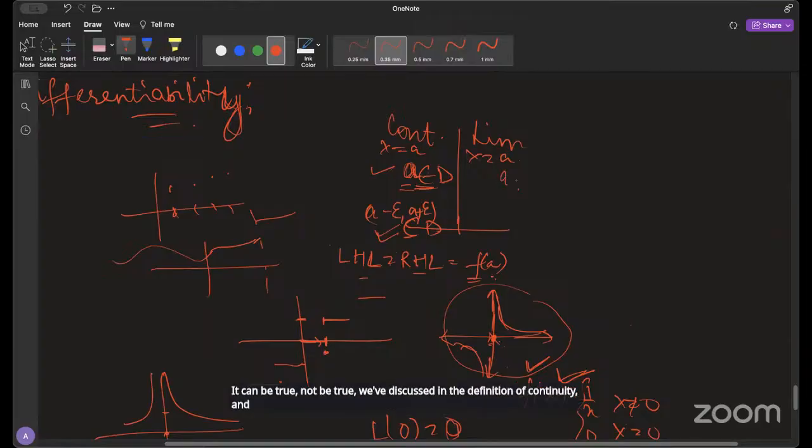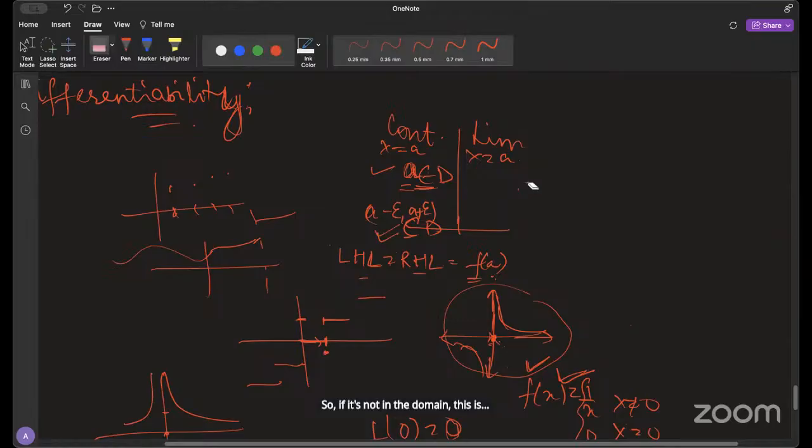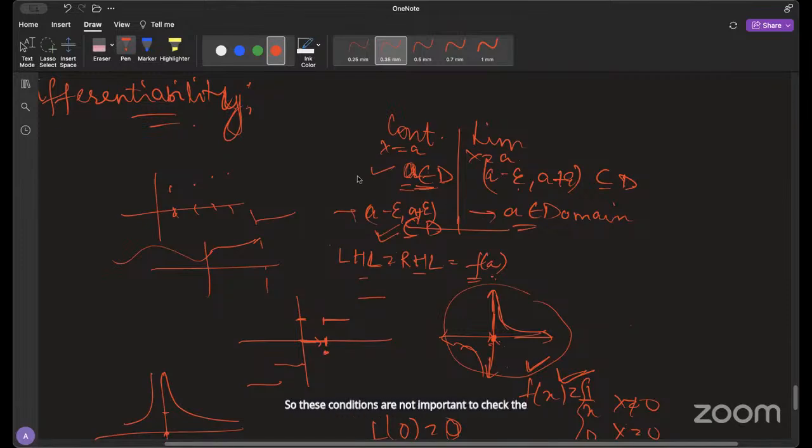And here, the necessary condition is this: this should be in the domain. This condition can be dropped. Even if it's not true, it's fine. So these conditions are not important to check the continuity and limit respectively, but the first ones are. Is that okay?